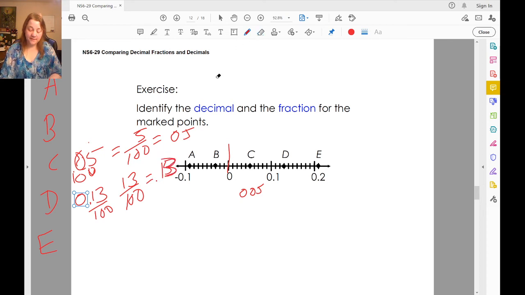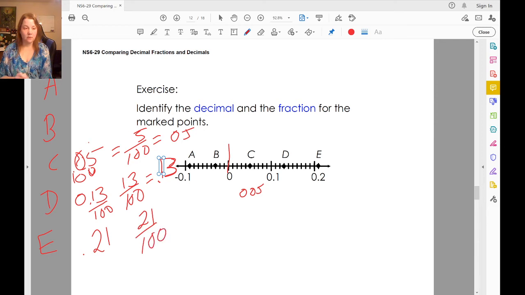So that's fantastic. That would be what this one turns out to be. Letter E would be 0.21, or when we use hot summer day, 21/100.